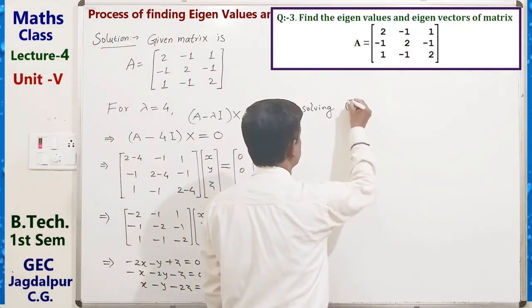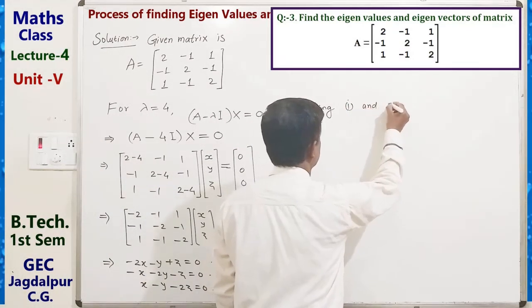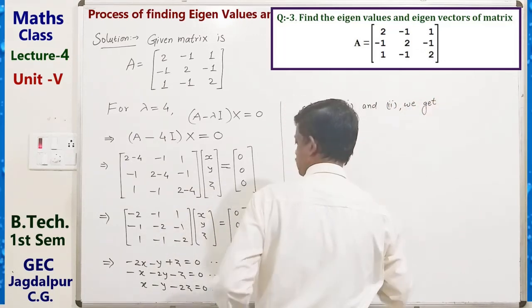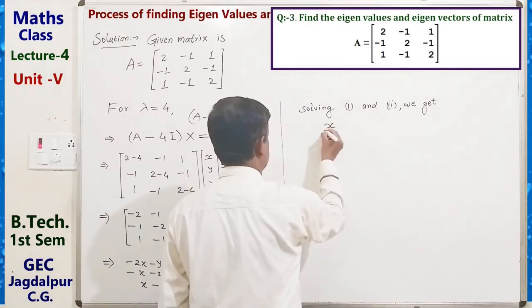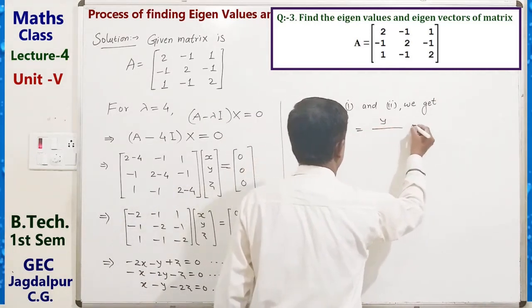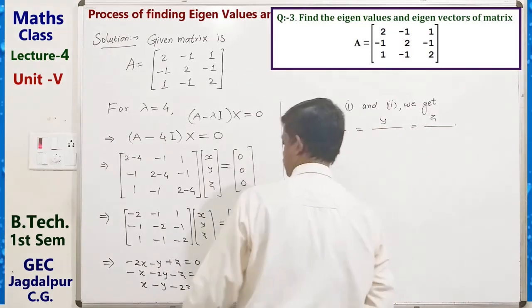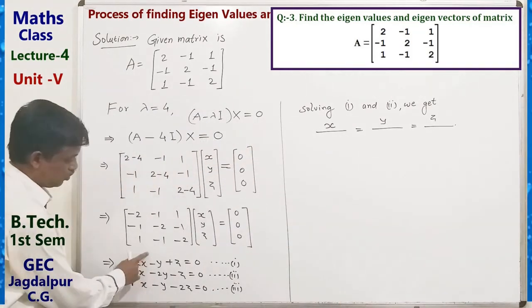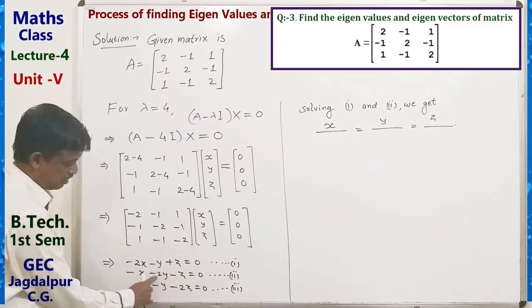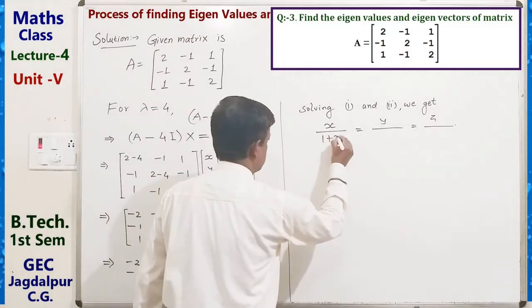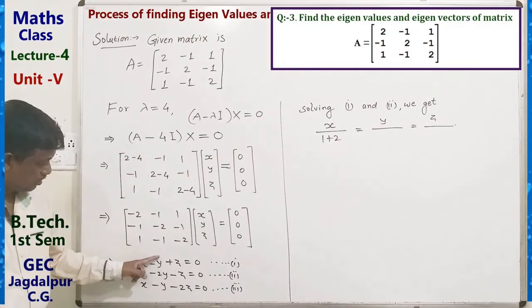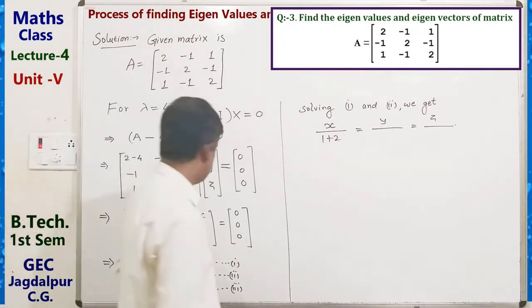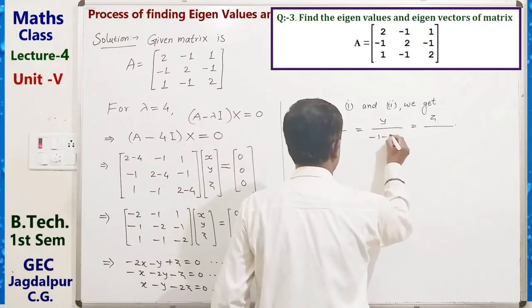Solving 1 and 2, we get here x upon, y upon, z upon. So x upon 1 plus 2, and y upon minus 1 minus 2, minus 1 minus 2.